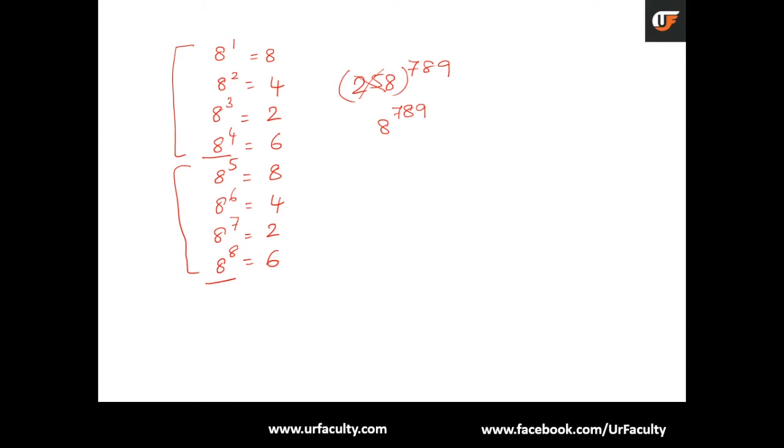We know that 780 is divisible by 4, 784 is divisible by 4, 788 is divisible by 4, and what you are left with is 8 to the power of 1, because 789. So we just ignore this piece and the cycle starts here. We just need to say that the units digit is 8.